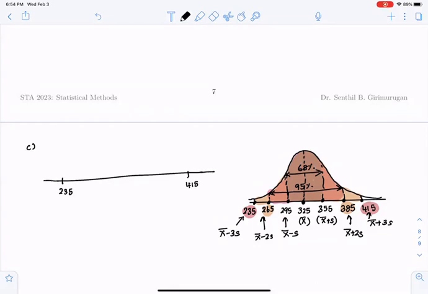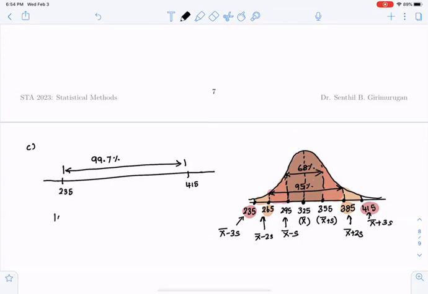And I also know the percent that lies between those 2 points is 99.7%. And earlier, I mentioned that the area under the entire curve has to be 100%. So if 99.7% lies between those two values, whatever remains must be on either side.